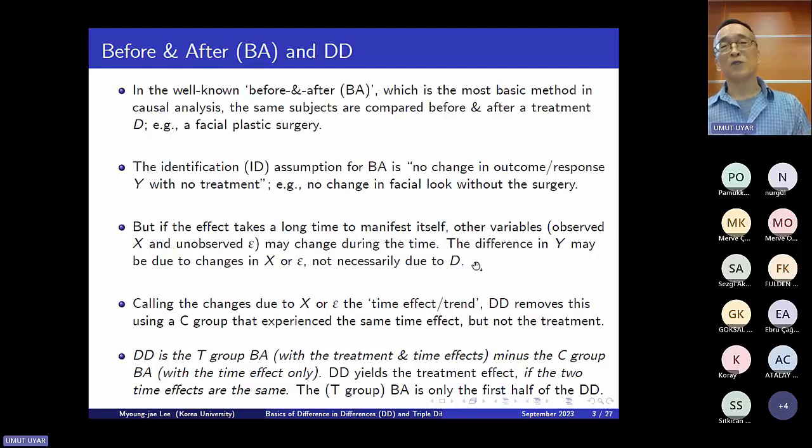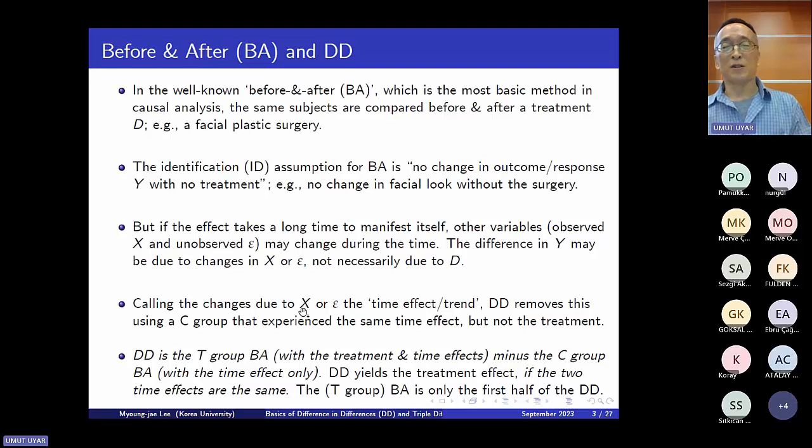Then it becomes difficult to find the treatment effect because the change in Y may be due to changes in X or in epsilon, not necessarily due to the treatment.